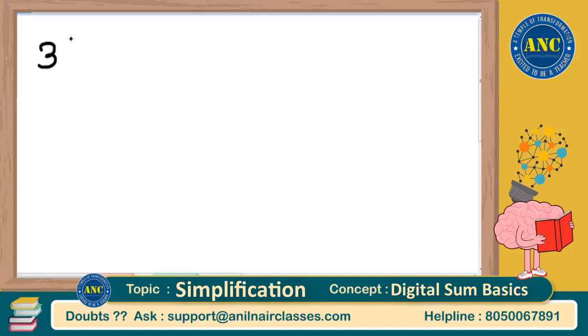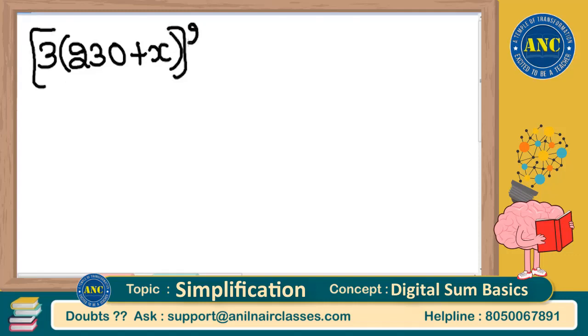I am writing a similar kind of question, only the numbers are different. 3 into (230 plus x) whole square is 49a804. You need to find the value of a.